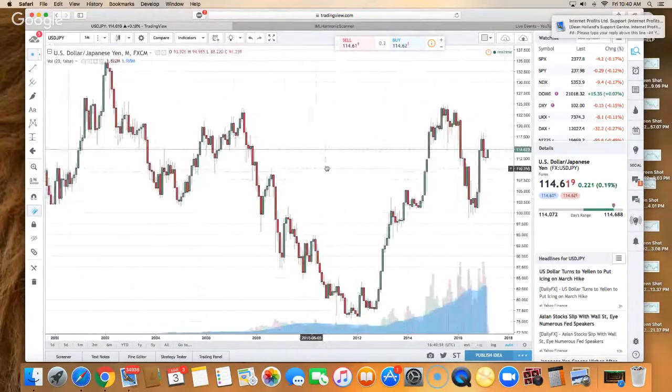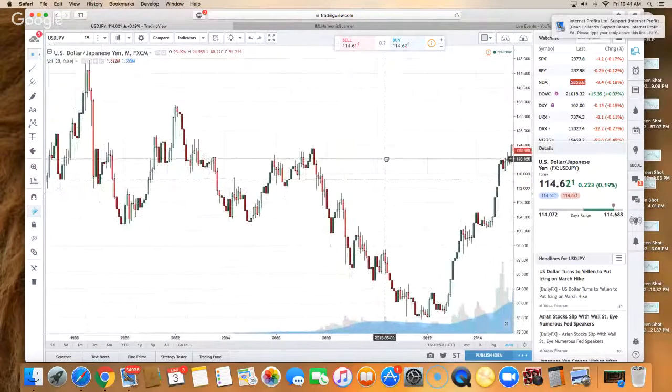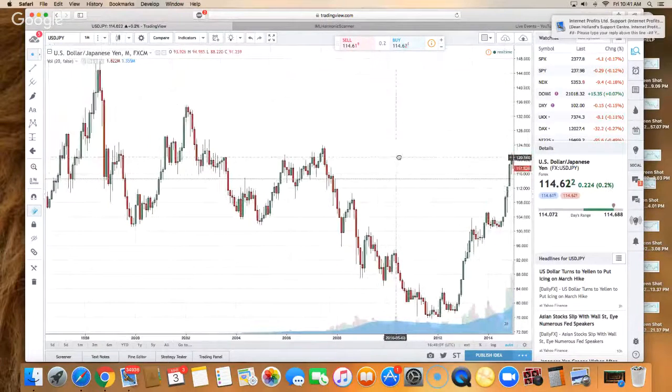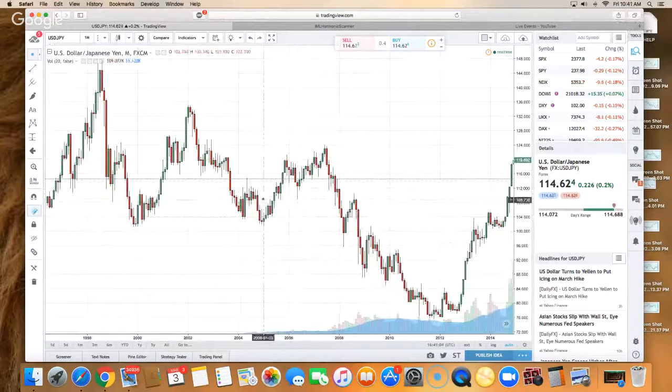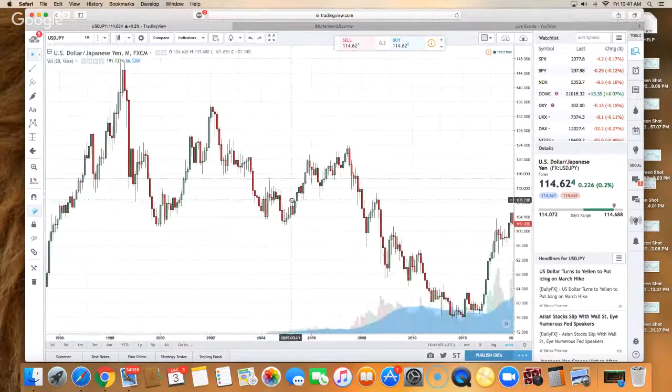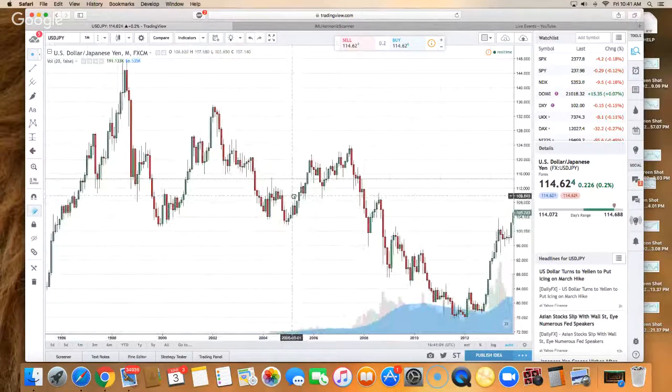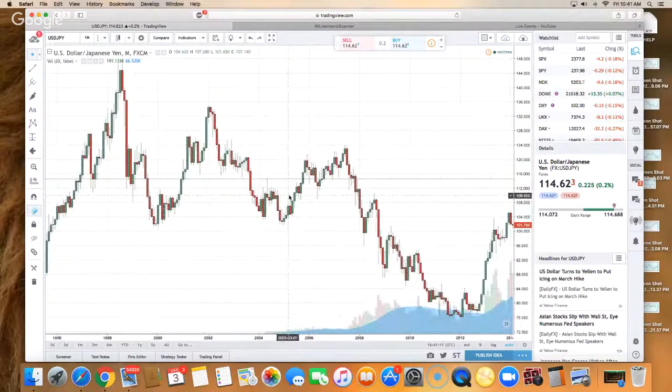Okay, now when I analyze this, what I like to do is look at areas of support and resistance. Where is price respecting certain areas? Personally, and you'll hear a lot of other traders say this, they like to see price respecting certain areas 2 to 3 times.